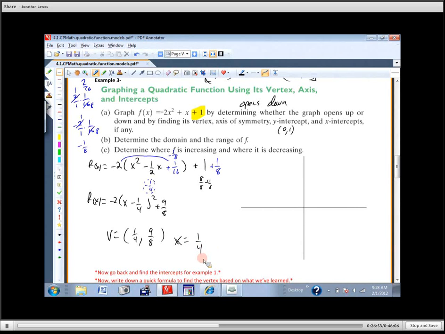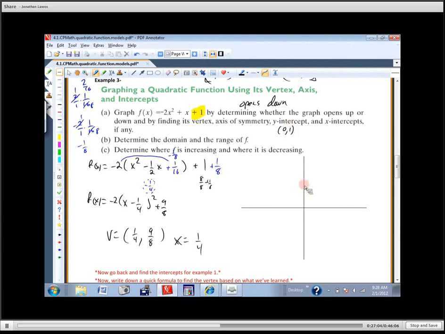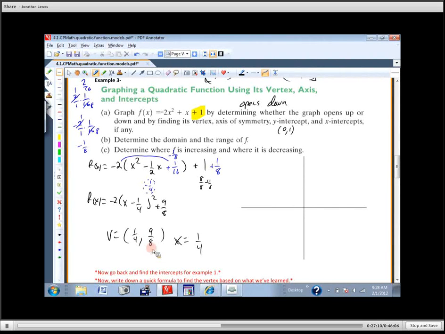Okay? Now, before you get too carried away and start graphing this, you'll notice that I didn't put any tick marks here. Okay, let's think about where this is. This is 0, 1, so this would be up 1 on the y-axis. And this is at 1/4, comma, 1 and an 8. So we probably ought to make this a pretty big graph. So I'm going to do this. Okay?